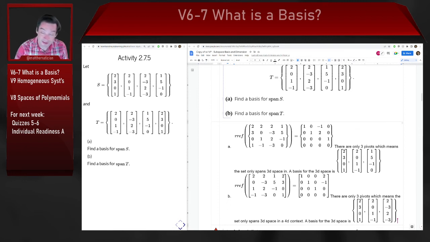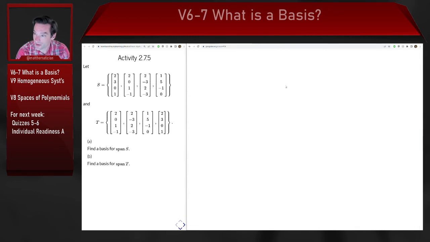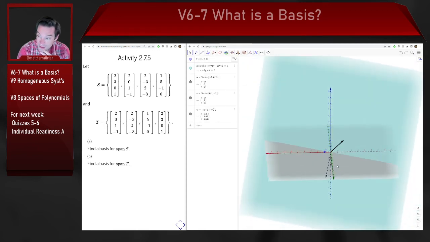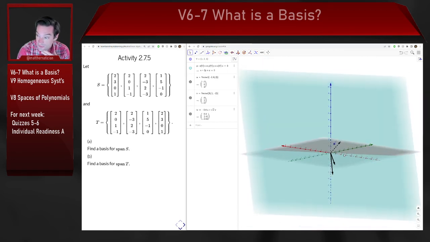And so the last lesson relates to linear dependence. If we go back to, let's say, this example where we have a plane inside of three-dimensional space, and I have three vectors that are coplanar, so they all reside in the same plane, I can write one of them as a linear combination of the other two. I could write this vector here as a linear combination of the other two vectors inside of this plane.